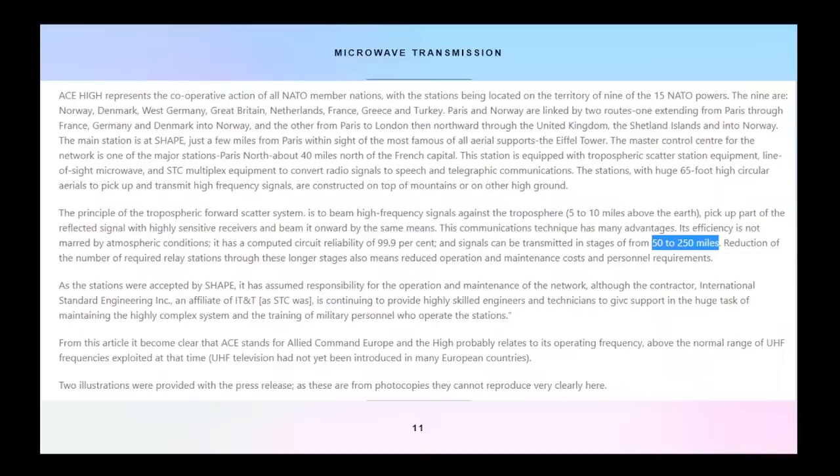And it's not affected by atmospheric conditions, so they can consistently send it where they want it to be received. A reliability of 99.9%. Now, these are microwaves, okay? And the signals can be transmitted in stages of from 50 to 250 miles.